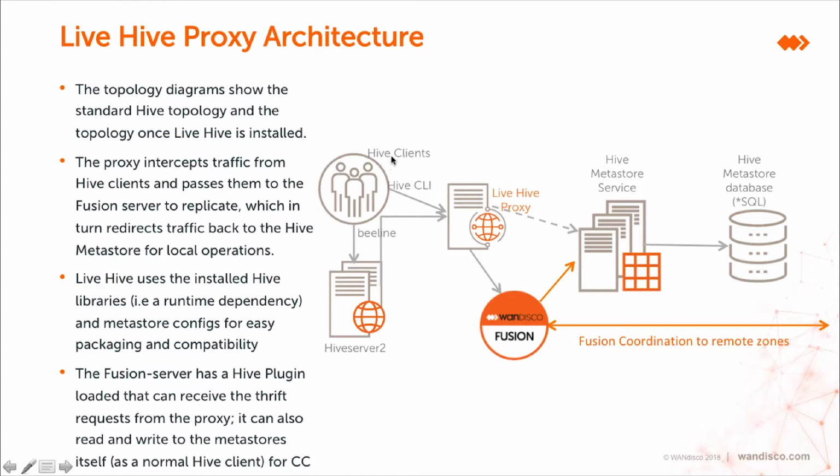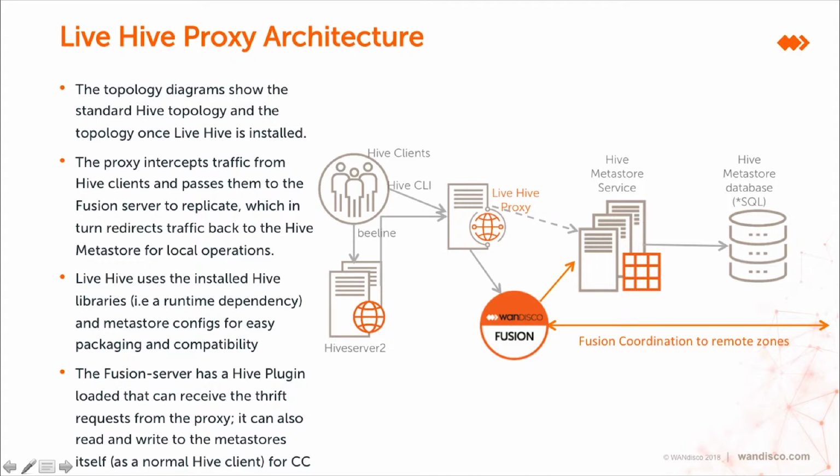You can see here the Hive clients will make a call, a beeline call or a Hive command line call, and the Live Hive proxy will intercept it, and then Fusion will coordinate with remote zones, and then the proxy can interface with the Hive Metastore service and the Hive Metastore database on the local zone.